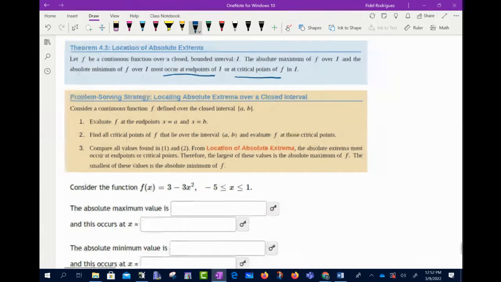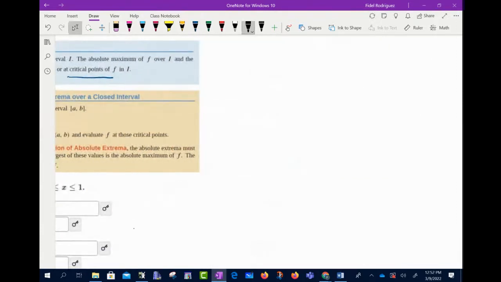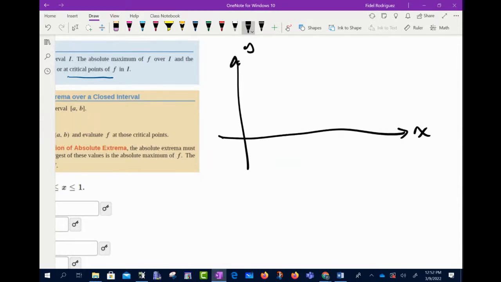I want to explain something again. I'm going to draw a rough picture here. So here's my x-axis, here's my y-axis. And here's my A, and here's my B, and I'm going to draw a function. Okay, my function is going to do something like this, and it'll stop right there.